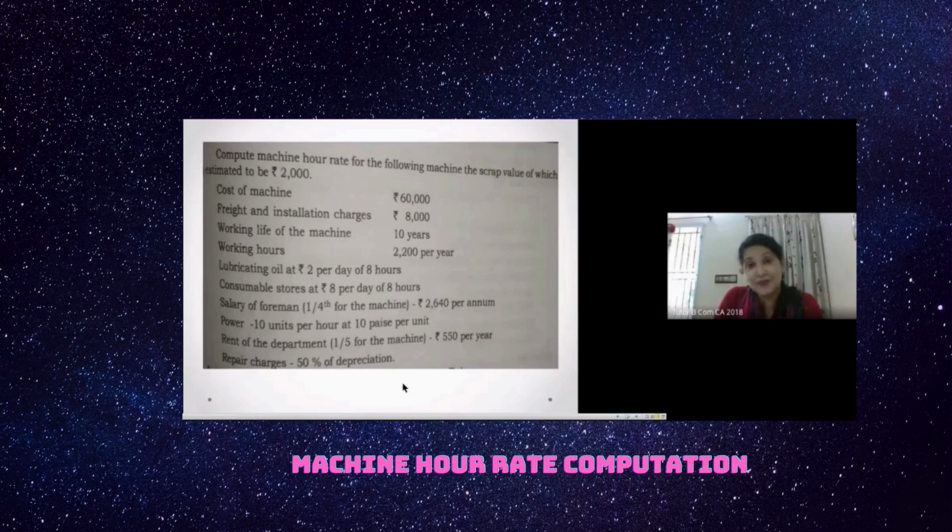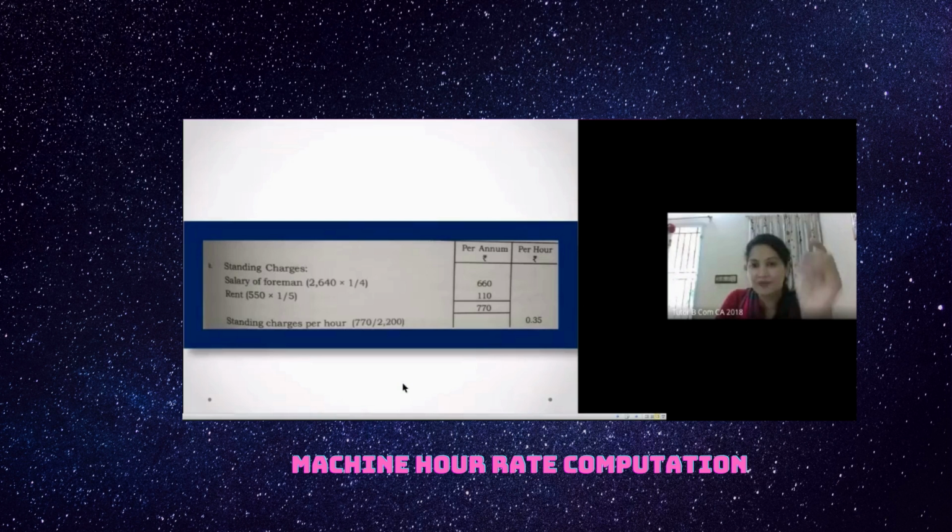Things are very easy. How do we convert it? The total expenses are expressed per annum, so converting that into hours is nothing but total expenses divided by total hours worked in a year. So it would be 770 by 2,200, which gives us an answer of 0.35. So the first part is okay.